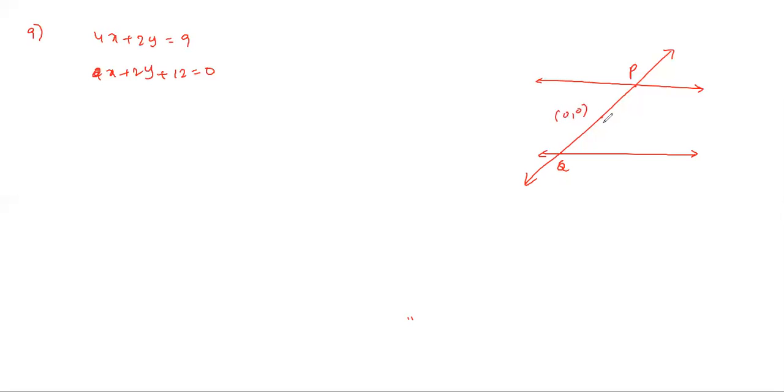How do you find the ratio? PO is to OQ. Here you know the lines are parallel. What is the distance between the parallel lines?